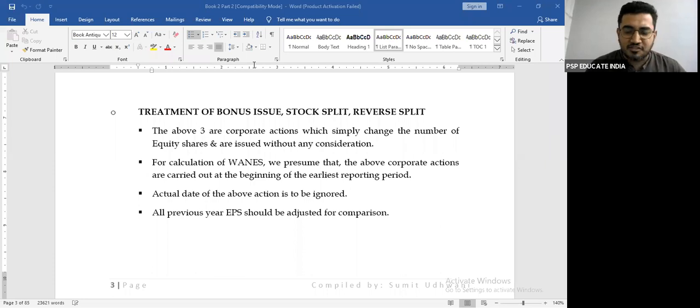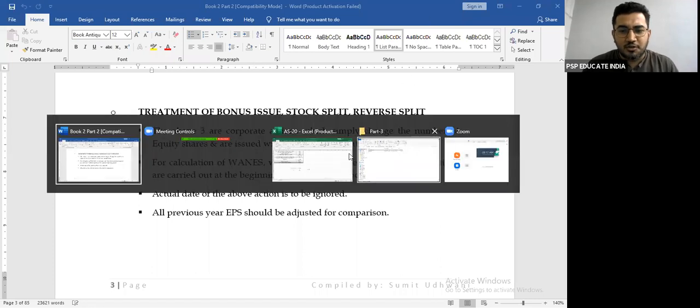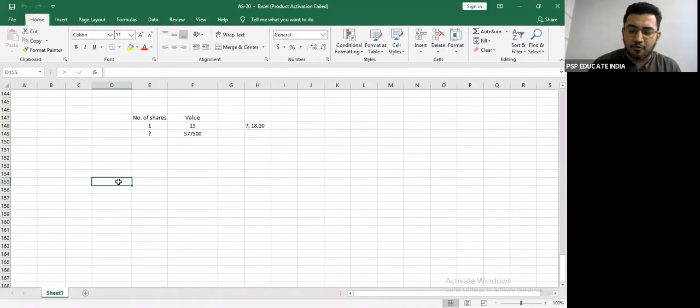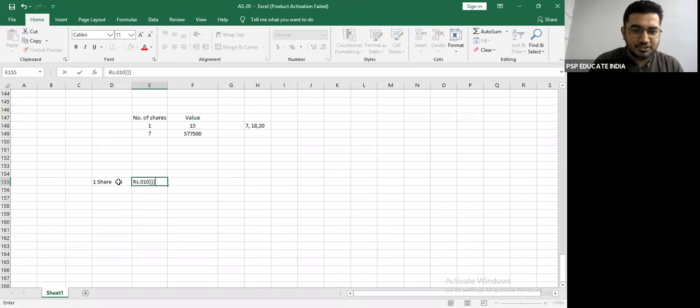What is the meaning of stock split? When you have one share of rupees 10, you split that stock into 10 shares of rupees 1 each. So if you imagine, the total capital remains the same. I'm writing over here: you have one share of rupees 10 each. Now what's your total capital? 10 rupees.